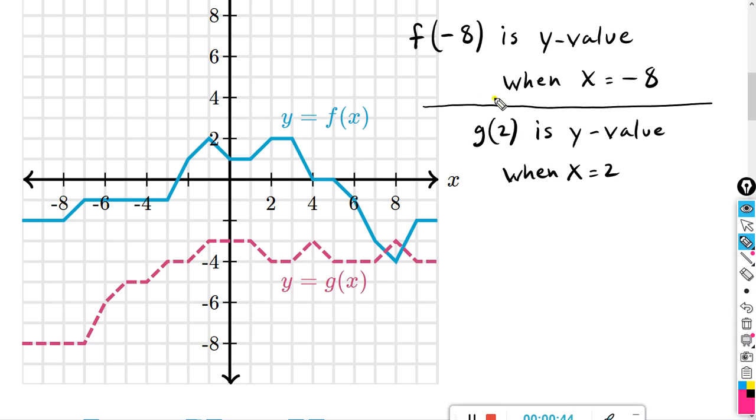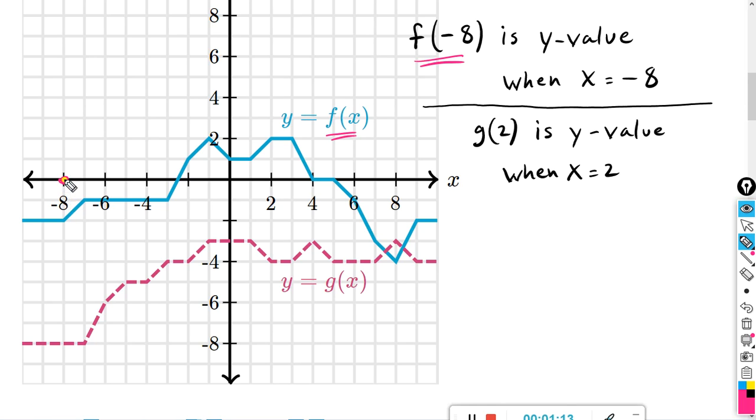So let's see. For f of -8, we're looking for the graph of f of x. You want to go first to x equals -8 on the x-axis. So here's the x-axis. I'm going to go to -8. The blue graph is f of x. We just want the y value on that graph.